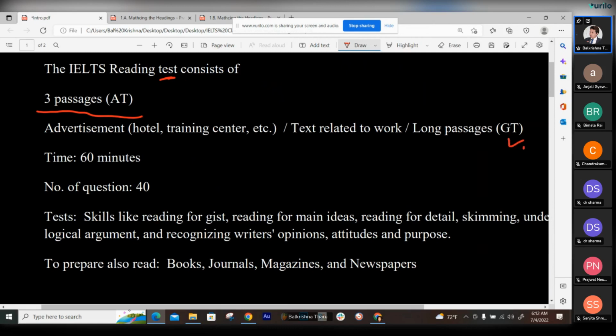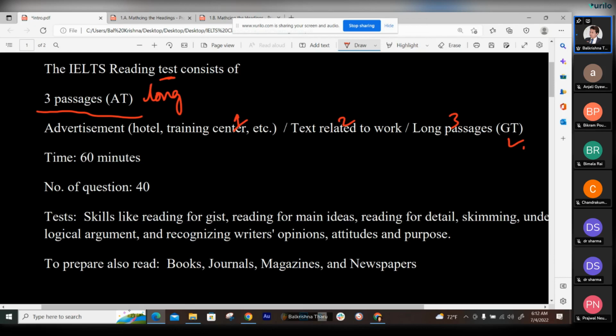GT: three long passages for academic students. Okay, three tasks, but three different tasks. Task one, advertisements. Task two, text related to work, and only one long passage. So, task one, two, three.